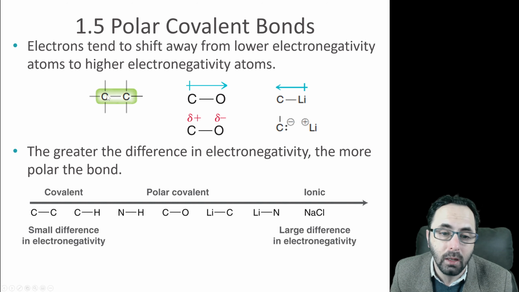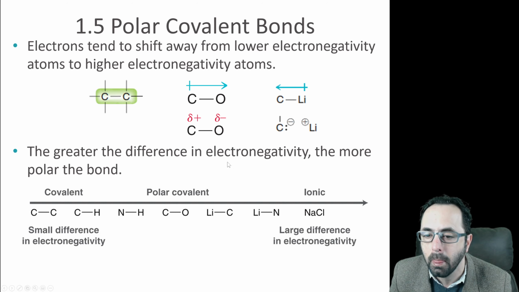A carbon-carbon bond would be not polar at all because they have exactly the same electronegativity, or pull on their electrons. However, a carbon-oxygen bond will be more negative on the oxygen side than on the carbon side, assuming that there's nothing else in the molecule to pull electrons in an opposing direction.